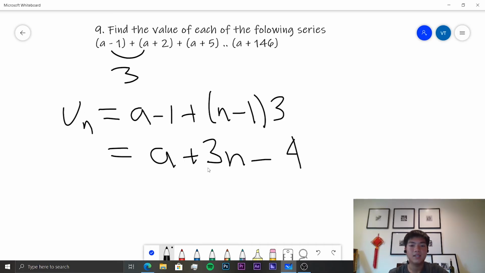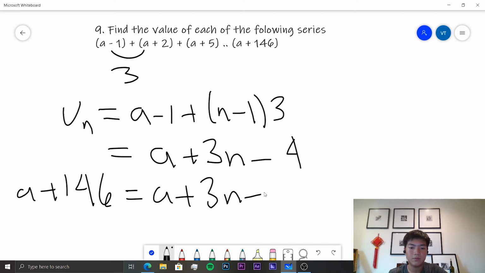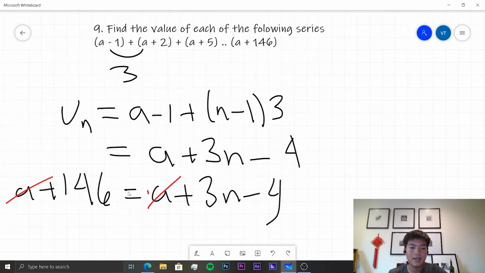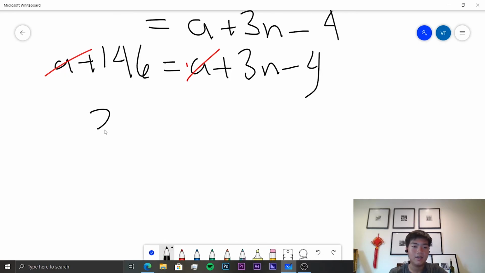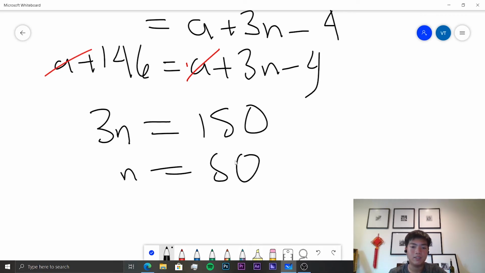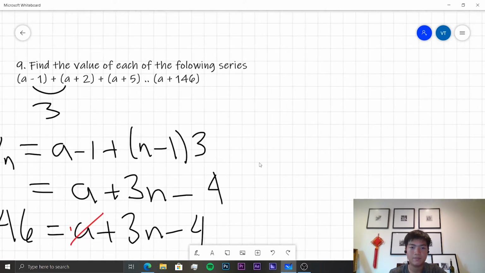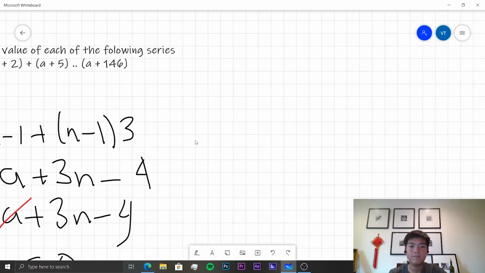So to get the value of this term, we need to substitute a plus 146 is equal to a plus 3n minus 4. Straight away, cancel out the a's, and then we have 3n is equal to 150, n is equal to 50. So we just find the sum of the first 50 terms, which is fine.